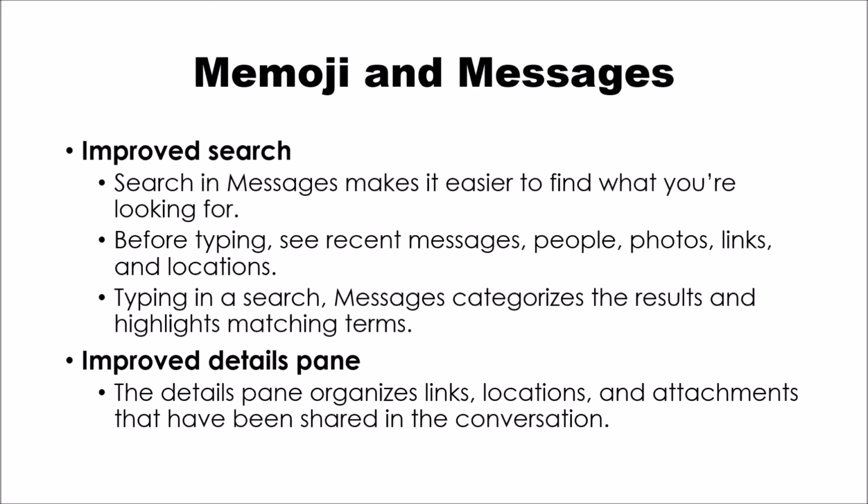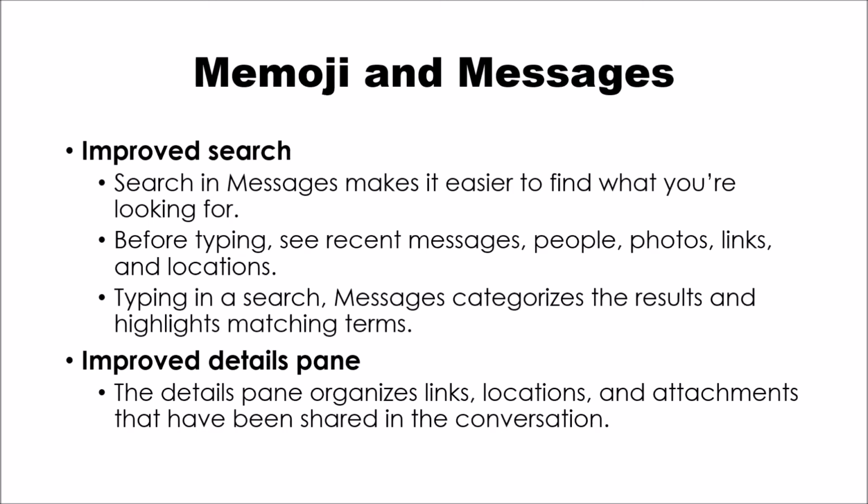Also, with messages, iMessages, Apple changed the way you find a message that you're looking for. And you can see recent messages, people, photos, links, and locations when you go to do an iMessage.